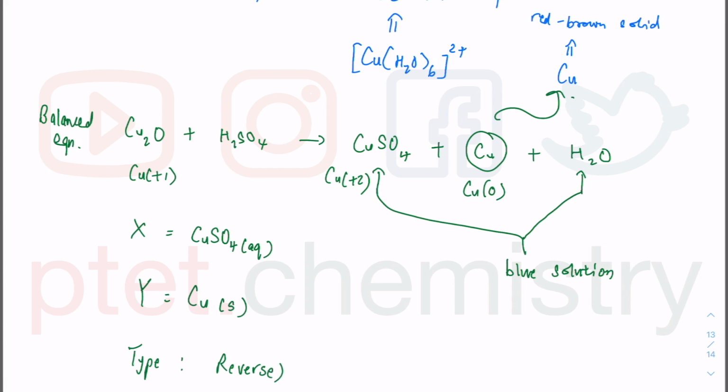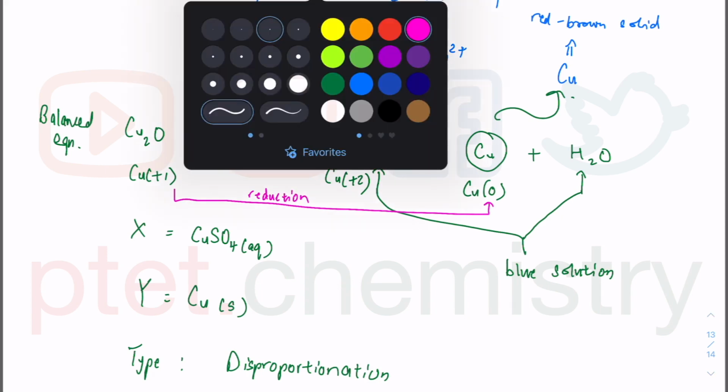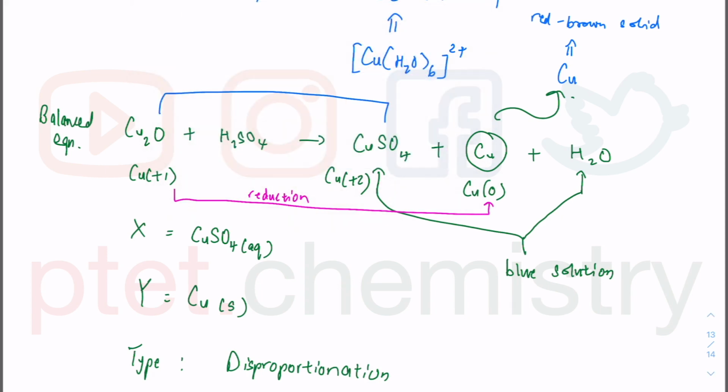No, actually it is disproportionation, sorry. Disproportionation because one species is both oxidized and reduced in the same reaction. Plus 1 to 0, that is reduction. And then plus 1 to plus 2, that is oxidation, an increase in oxidation number. So this reaction is called disproportionation. That's the end of the question there.